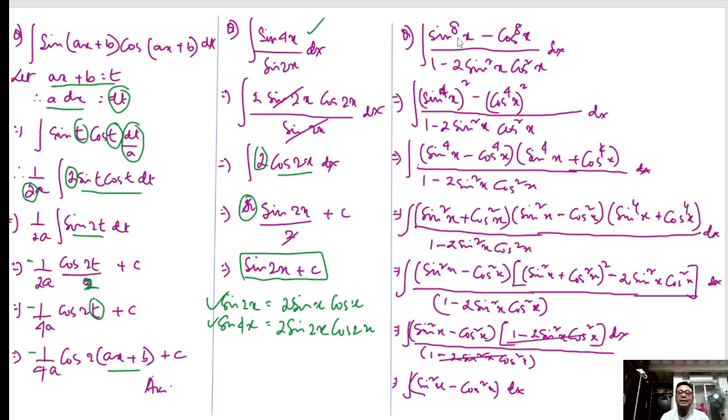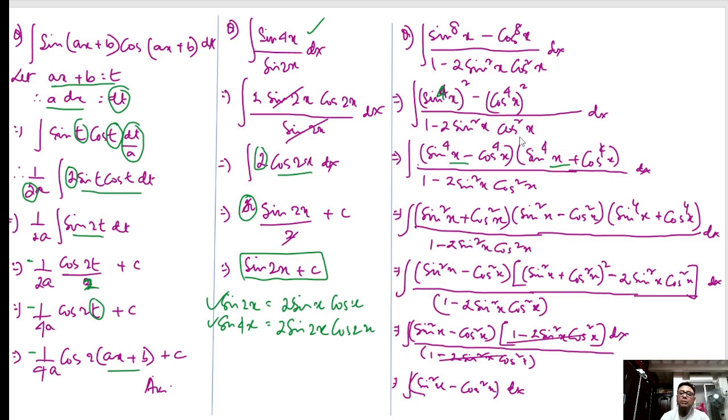Next, integration of (sine 8x minus cos 8x) by (1 minus 2 sine square x cos square x). So sine 8x, I am writing as (sine 4x) whole square minus (cos 4x) whole square. See, this looks like a square minus b square, which is a minus b into a plus b.